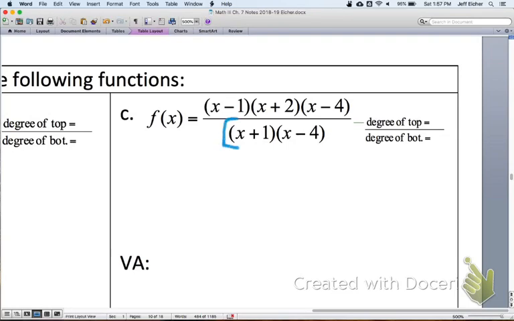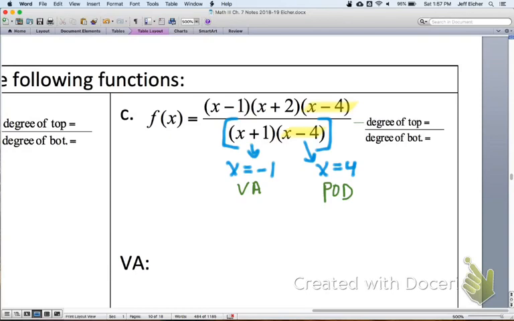So the denominator we look at, that gives us x equals negative 1, where the function's undefined, and x equals 4, where the function's undefined. Which one is which? What type of break in the graph is it? Well, the x minus 4's divide out, so anytime they divide out, you get a point of discontinuity. Whereas the x plus 1, there's no x plus 1 in the top, so that would be a vertical asymptote.